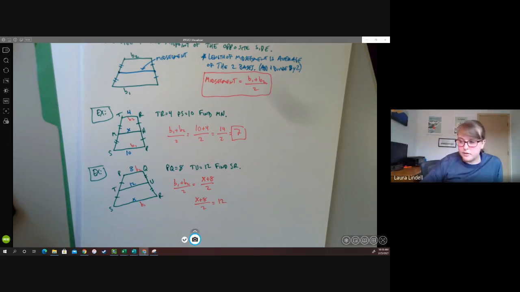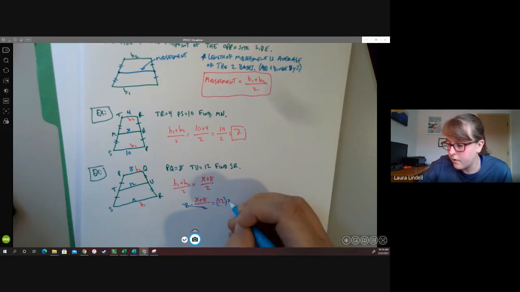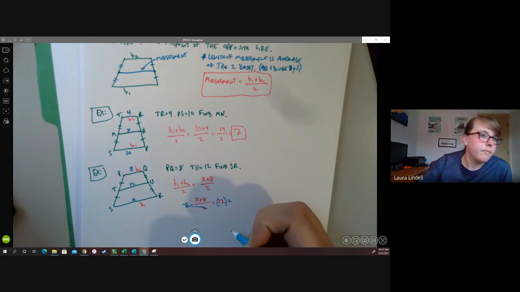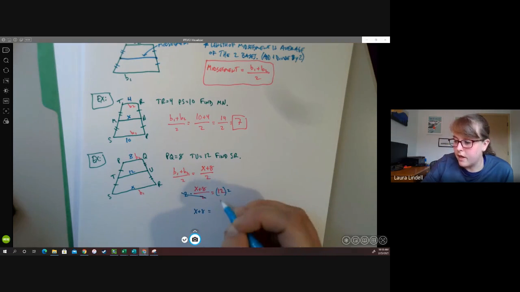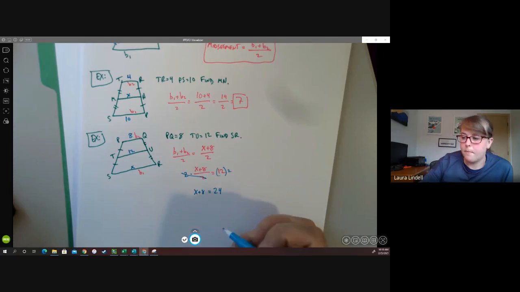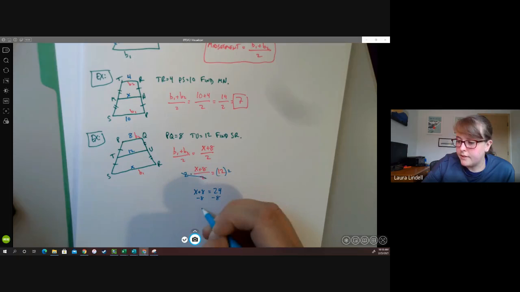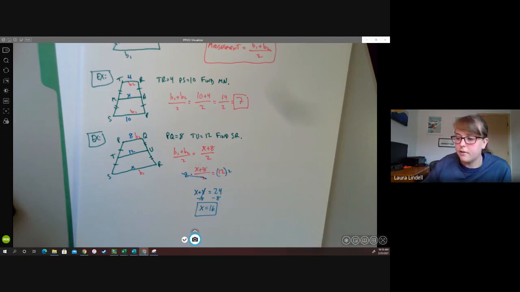So what I would do first in solving that equation is make sure on both sides I multiply by 2 first to get rid of the denominator. And so then we have x plus 8 equals 12 times 2 is 24. Then we can subtract 8 from both sides and get x equals 16. So that would be our answer. SR is going to be 16.